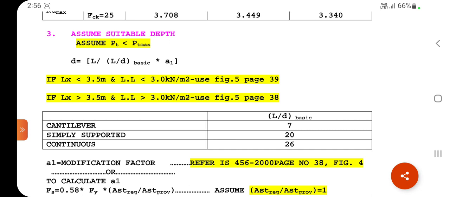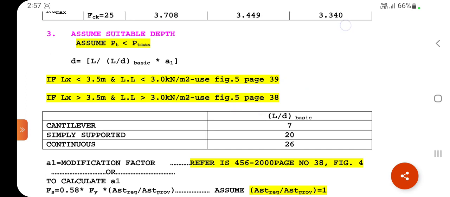Now if Lx is less than 3.5 and Ly is less than 3.5, and the live load is less than 3 kN per meter square, we use figure number 5. And if Lx is greater than 3.5 and Ly is also greater than 3.5, then we use figure number 4.